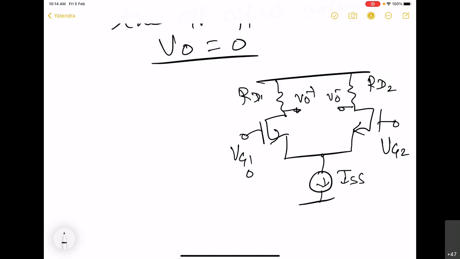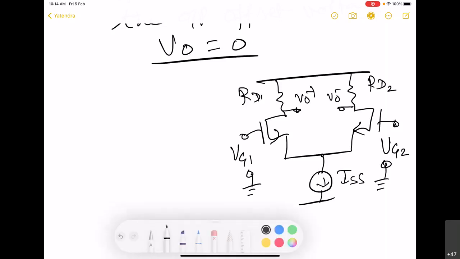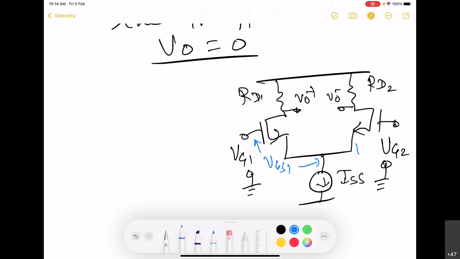So here we will have to set up equation. So we have VG1 between ground and gate, VG2 between gate and ground, and then there will be net gate to source voltage, VGS1 here and VGS2 here.